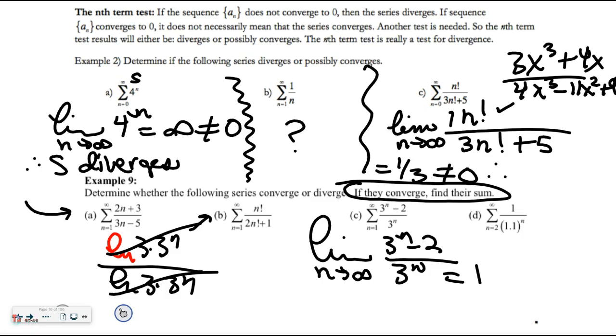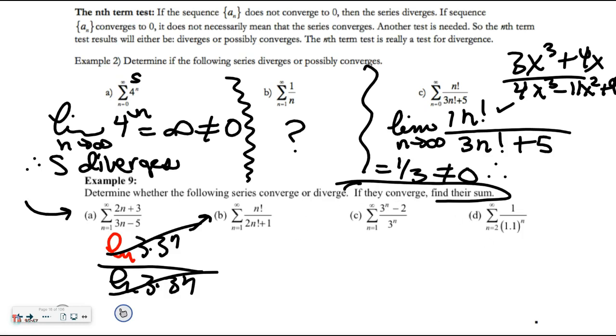Now this guy, letter D, my gut tells me it converges. Here's why. For sure the limit's going to 0, correct? So it fails the nth term test for divergence. So I need another test. The only one I can find the sum is in the geometric.